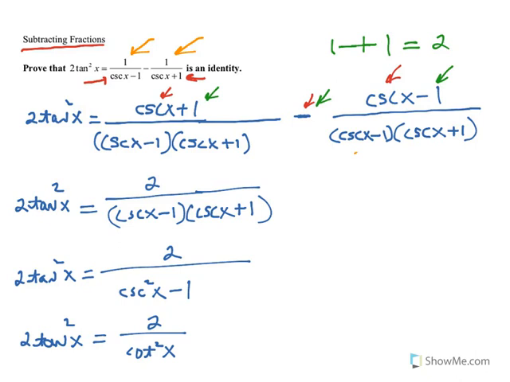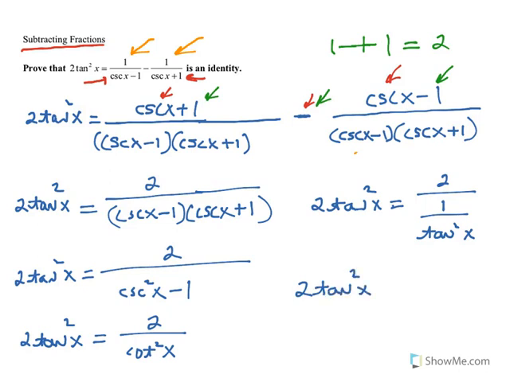Cotangent is 1 over tangent, so that gives us 2 tangent of x squared equals 2 over 1 over tangent squared. And if you're dividing by a fraction, that would be the same as multiplying by the reciprocal. So on the left, 2 tangent of x squared equals, multiplied by the reciprocal, that's going to be 2 tangent of x squared. And now we have the left side equal to the right side.